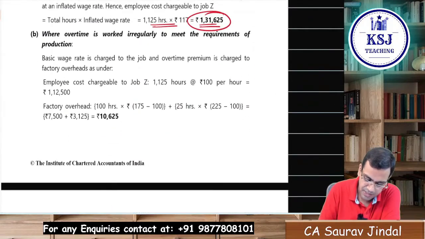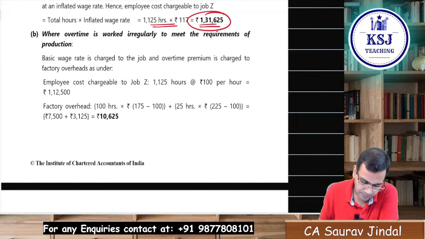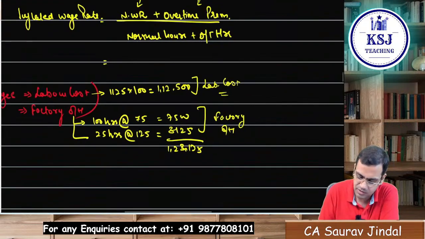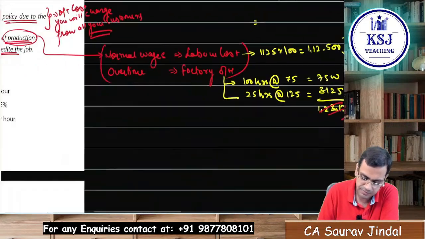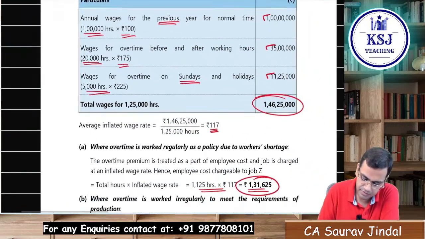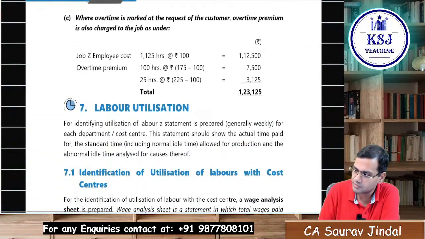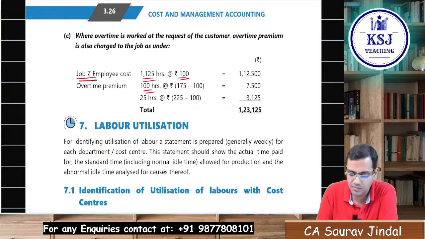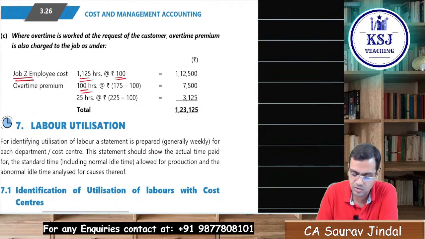Right, so this is the B part that we have done. Factory overheads 10,625, correct, 112, okay. The total was not required actually because the factory overheads are to be taken separately. Correct. Right. So it is for that particular job Z, employee cost 1125 at the rate of 100 hours. You can simply take it direct also, sir.